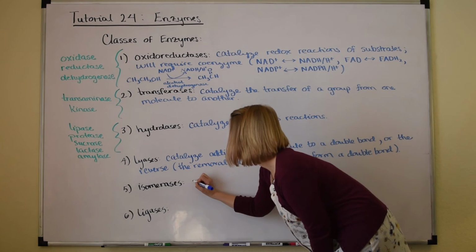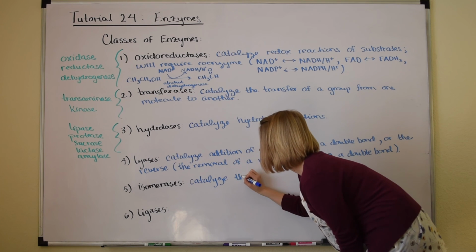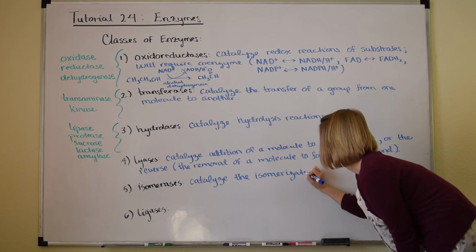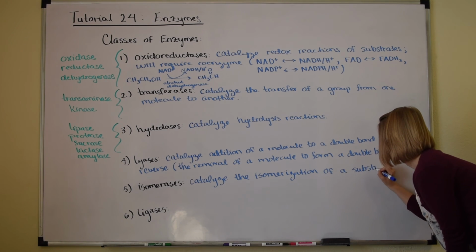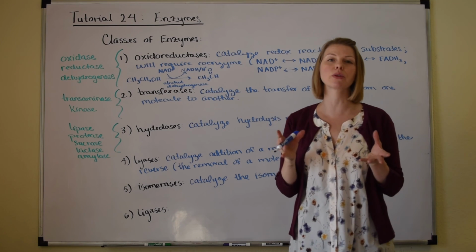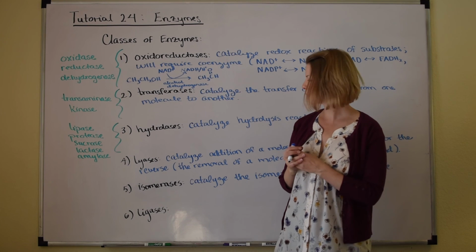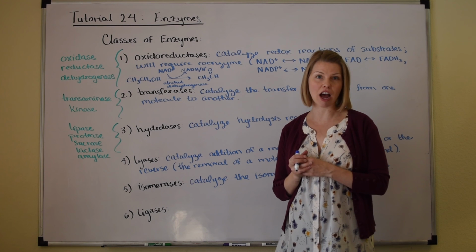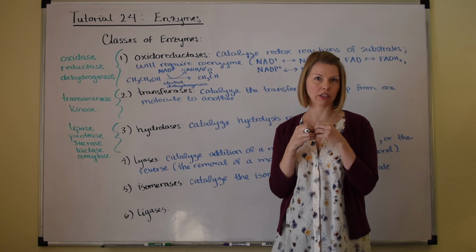Okay, so I'm going to write up here, catalyze the isomerization of a substrate. So again, just taking the atoms in that molecule and rearranging them and connecting them in a different way, making an isomer.